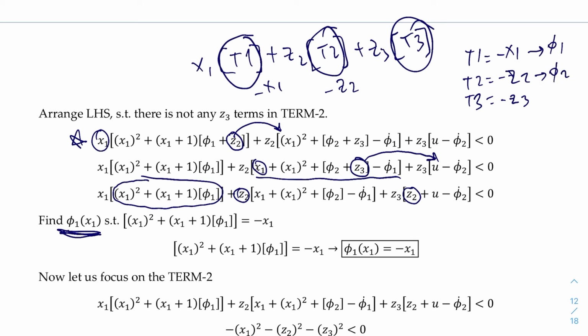First solve for phi1, then solve for phi2, and then solve for u, the control law. This is what we are doing basically.